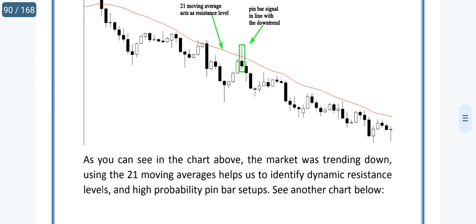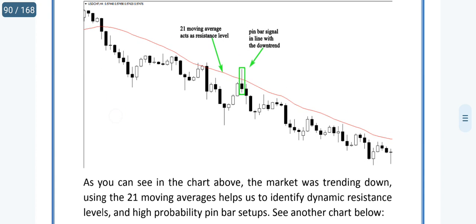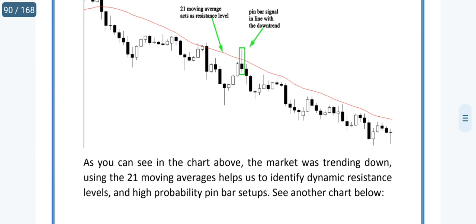So using the 21 moving averages helps us to identify the dynamic resistance levels and the high profitability penny bar setups. That is what we call the 21 moving average acts. It acts as our resistance level, so that we can identify a penny bar candle in the trend.